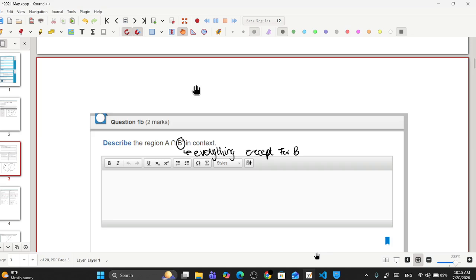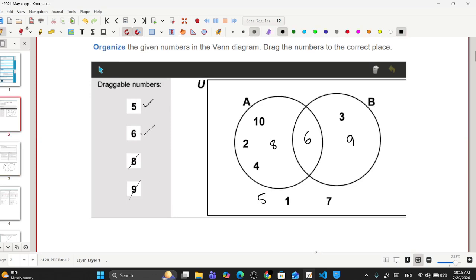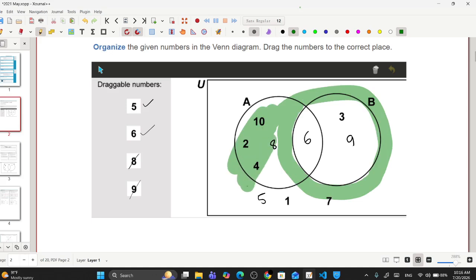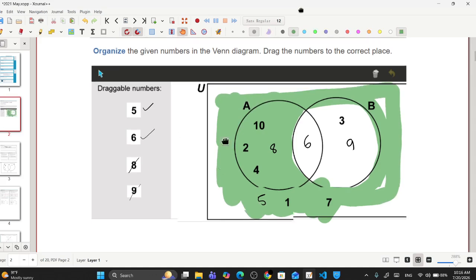So first things first, let's start with that. Everything except for B means this region, of which A is definitely a part. Alright? But here comes the confusing part.